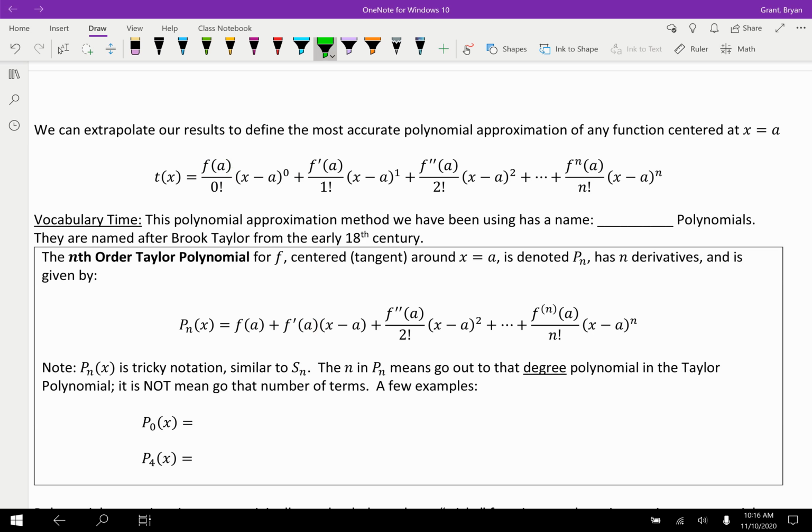We had f of a, so f of 0, times x minus 0 to the 0th over 0 factorial. But look at what they all have in common. In particular, 0 factorial, 0, and technically the 0th derivative. And that pattern continues. 1 factorial, first derivative 1, 2 factorial, second derivative 2, nth factorial, which we'd take to go to infinity to get our most accurate polynomial approximation, and we end up there. What else do they have in common?